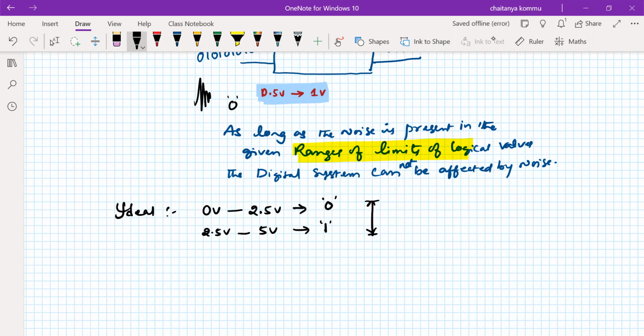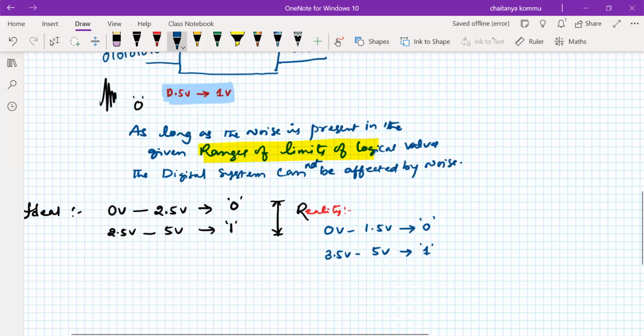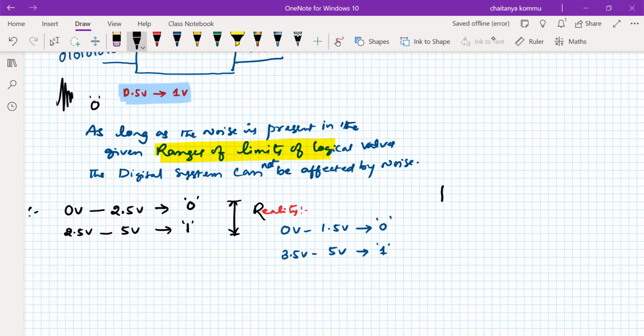So in reality, from 0 volts to 1.5 volts we treat it as logic 0, and from 3.5 volts to 5 volts we treat it as logic 1. So what is in between? For example, consider this one: it says 0 volts, and this says 5 volts.